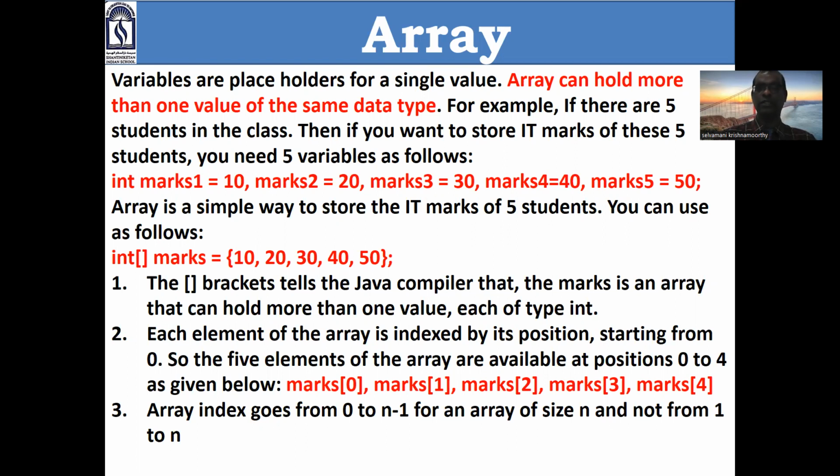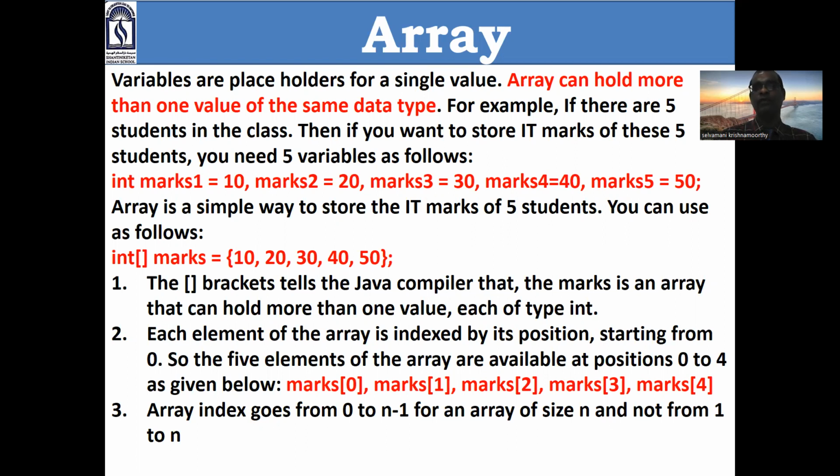But now the question is, is it possible to store more than one value, that is multiple values, in a single placeholder? Yes, it is possible. Array does. See, an array can hold more than one value, but all the values of the same data type.